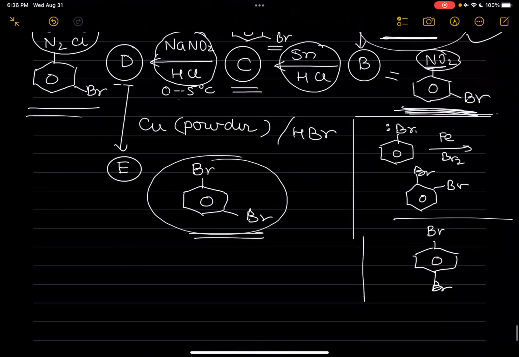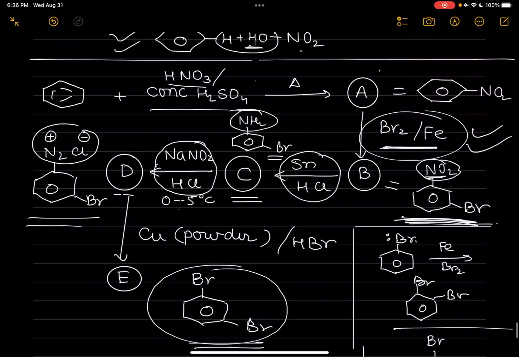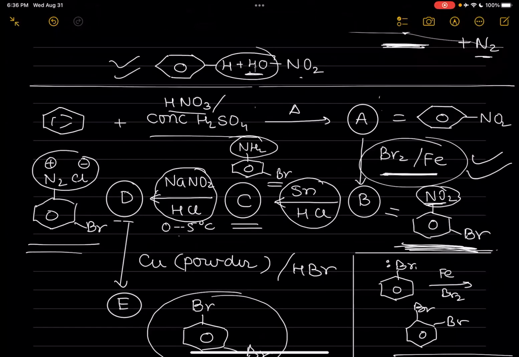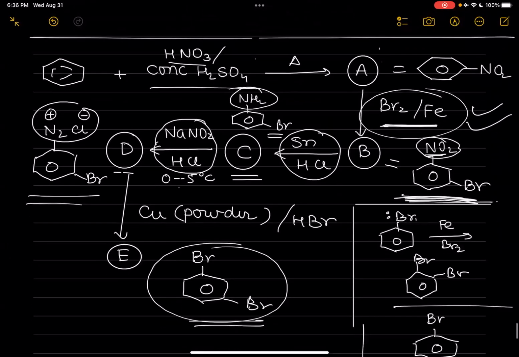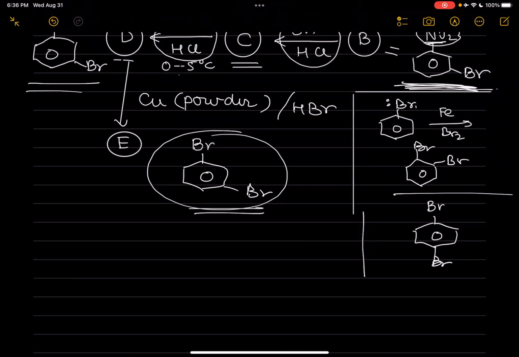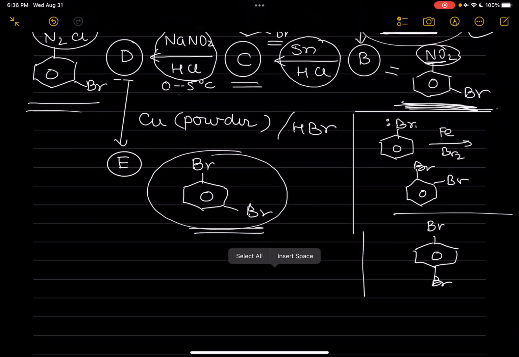So yeah, and to put Cl and Br, we were having two methods. One was Sandmeyer and another was Gattermann. Okay, and what was the difference? Sandmeyer and Gattermann, Anushka, what was the difference?